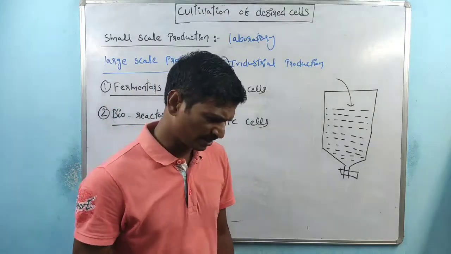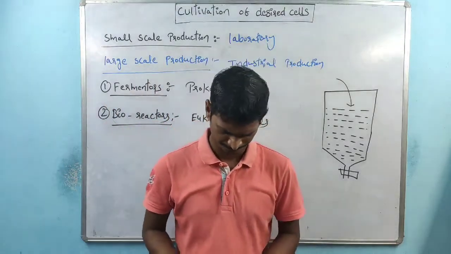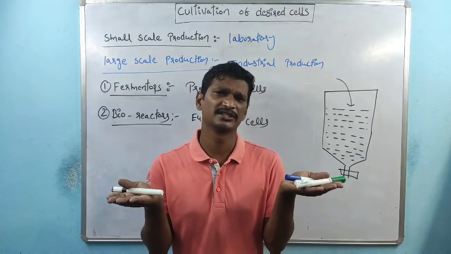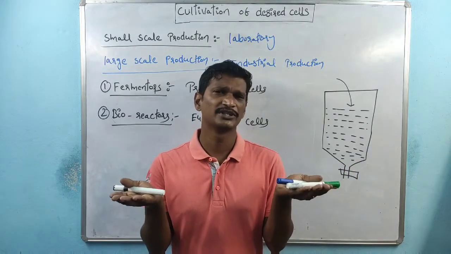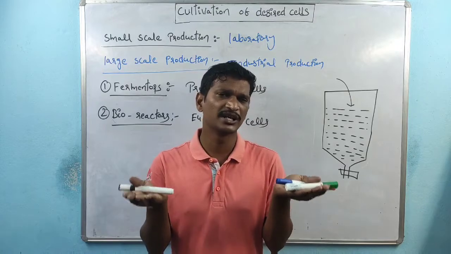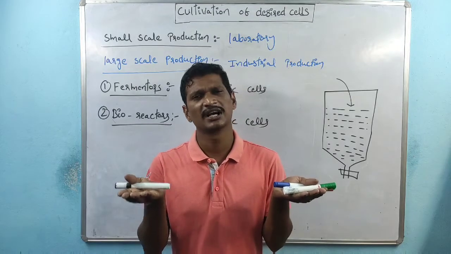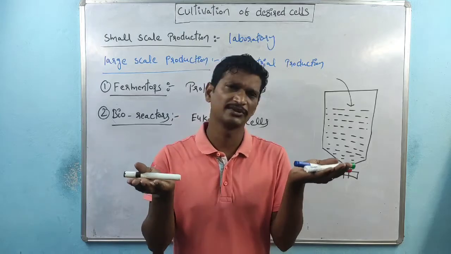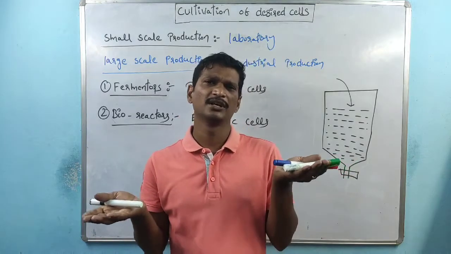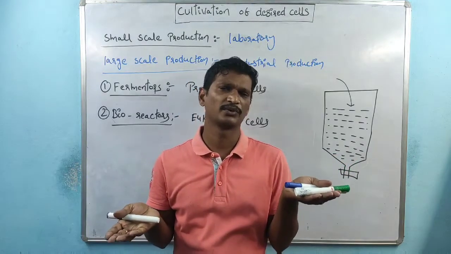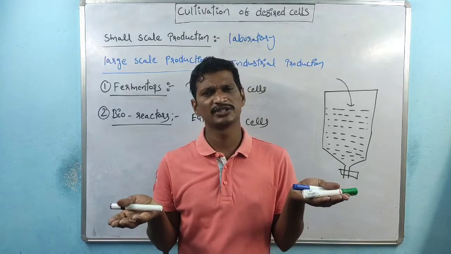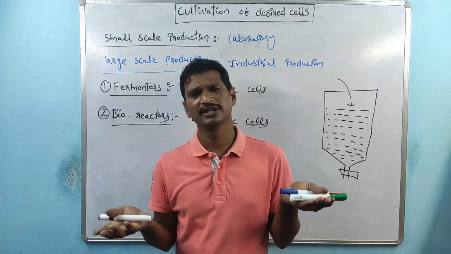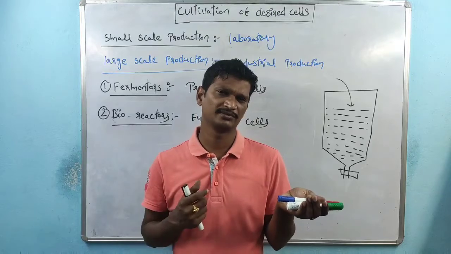Remember, we already discussed there is a prokaryotic cell and there is a eukaryotic cell. Which cultivation is the complicated process? Cultivation of eukaryotic cells is much more complicated than cultivation of prokaryotic cells, because less complexity is present in prokaryotic cells and more complexity is present in eukaryotic cells. The process is a little difficult.